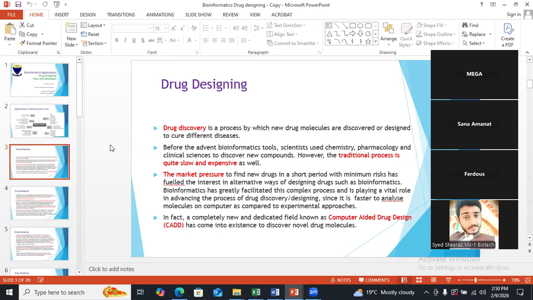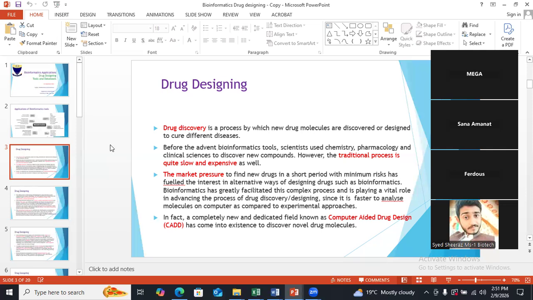But now there is an increasing market pressure to find new drugs in a short period of time. For example, when the cases of corona or COVID-19 emerged, there was an urgent need for vaccination and antiviral agents which could be beneficial for the treatment of COVID-19.